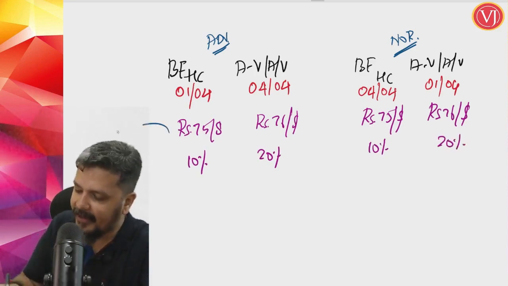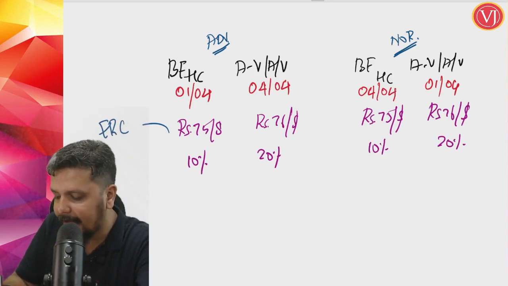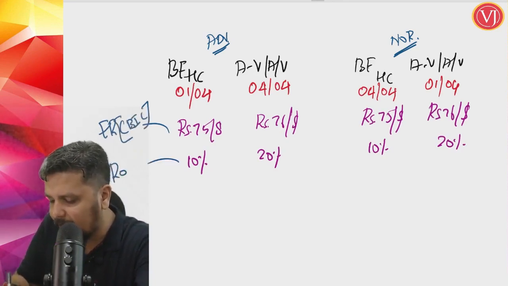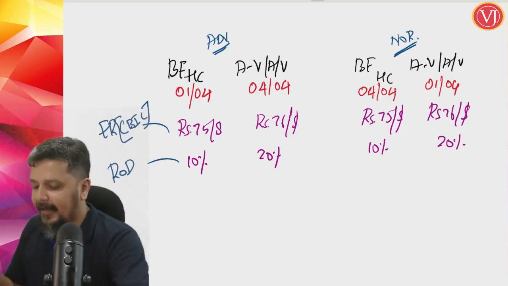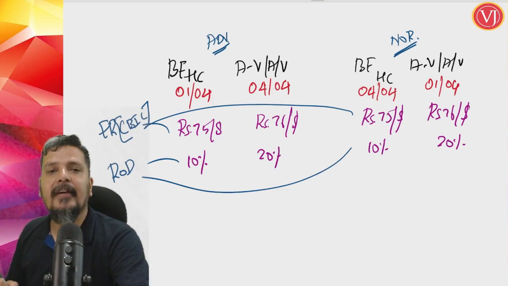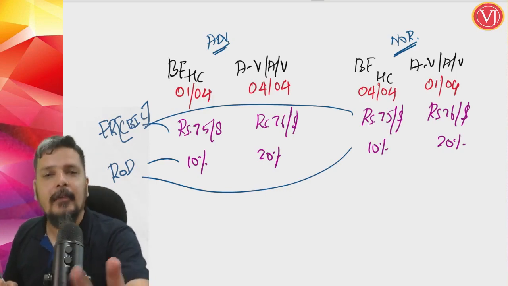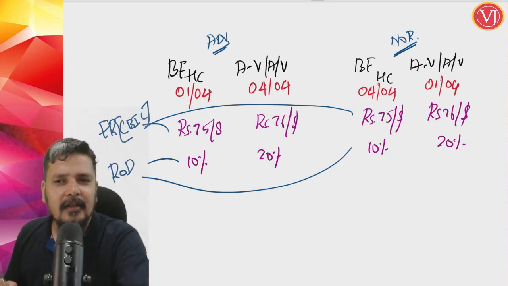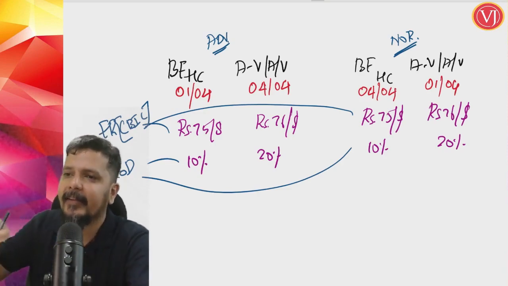This exchange rate in customs, you are going to take the CBIC exchange rate. Rate of duty will be given in the question. Exchange rate is always of CBIC. If you get in the question an RBI exchange rate or FEDAI exchange rate, ignore it. Focus on CBIC. Now first select the date, then select the rate.